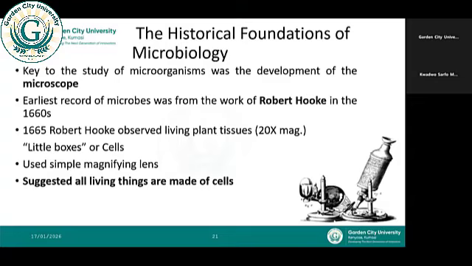Every living organism is made up of cells. He used this simple magnifying lens to observe plants, some leaves and other living materials, to confirm that when you take any living organism, it's made up of these small boxes called cells. So he suggested that all living things are made up of cells.